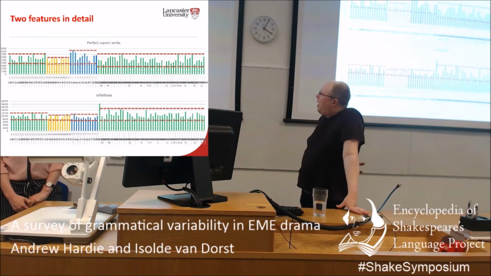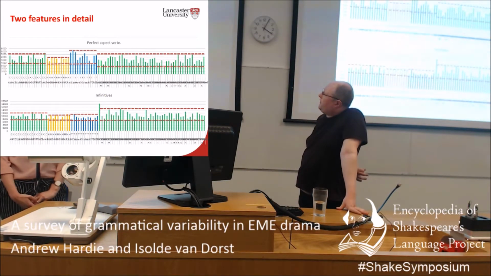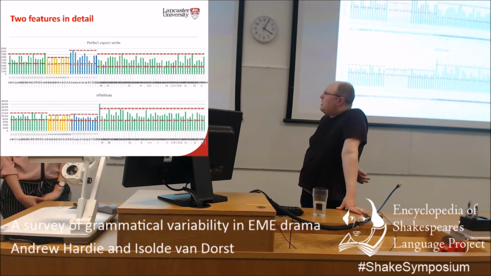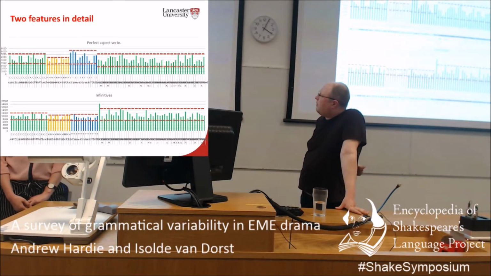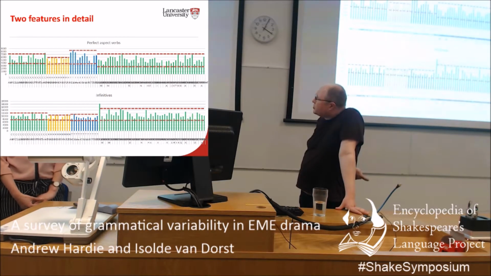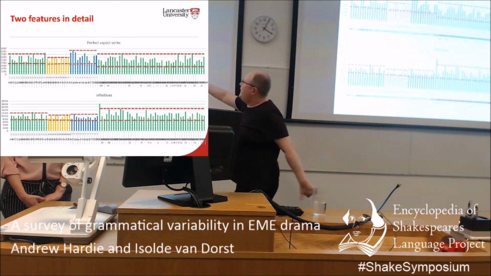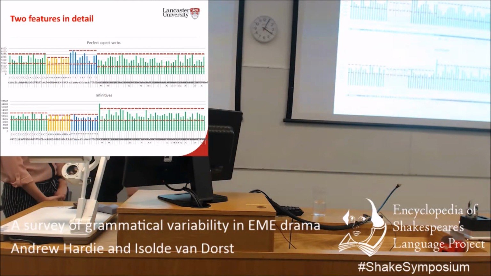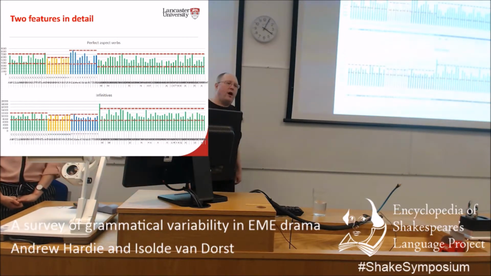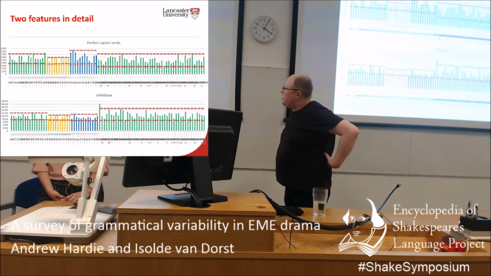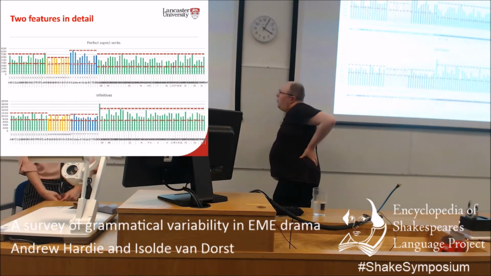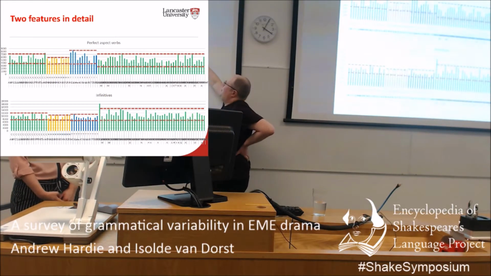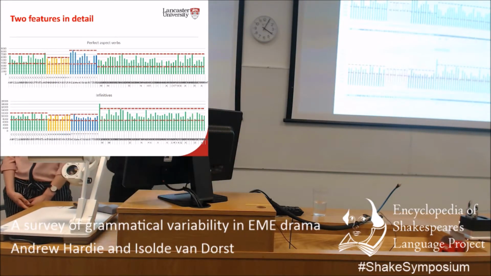Just to compare, here's another feature. This was a feature where, as you can see, Shakespeare really favours the lower end of the range of variation. The Shakespearean genres, in terms of their use of infinitives, show really not a lot of difference. All three genres bob around within quite a narrow range, whereas there is a whole lot of variation in the comparative corpus.